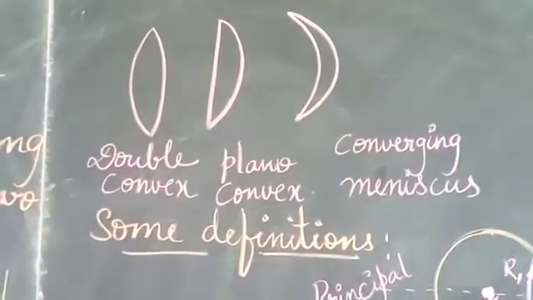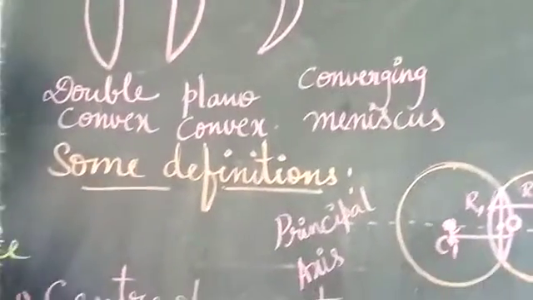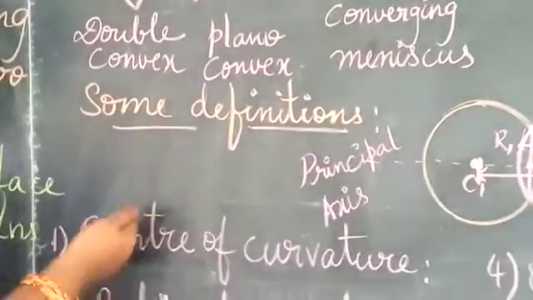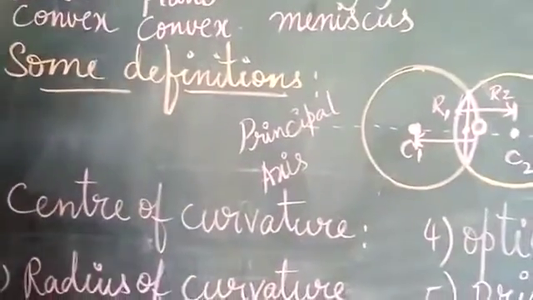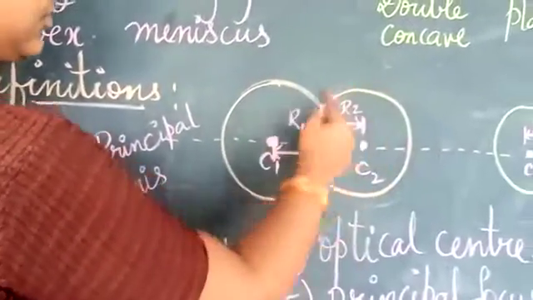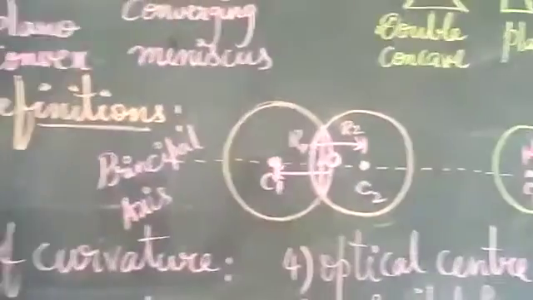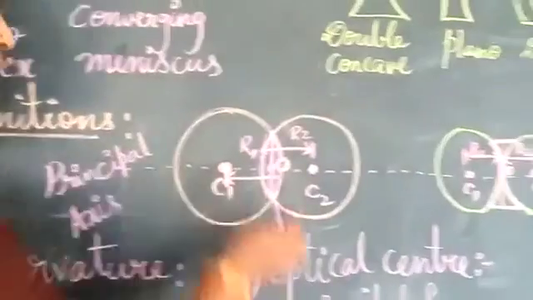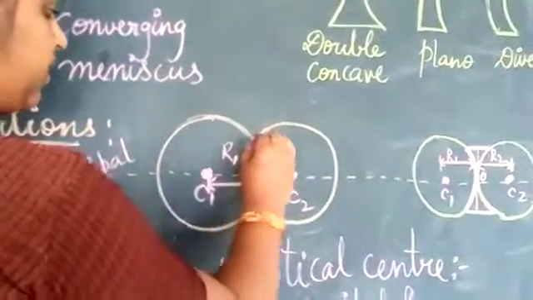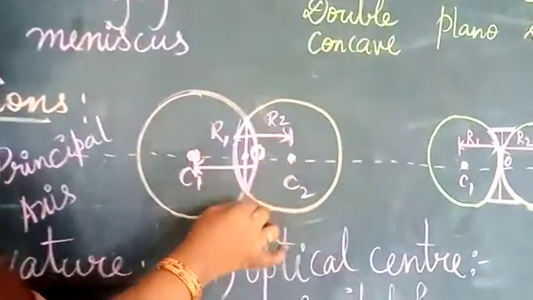So, please concentrate here. The first definition we are going to learn is center of curvature. So, what is center of curvature? Here, you can see two spheres. I think it is very clear, children. And in between, I have shown a violet color line.